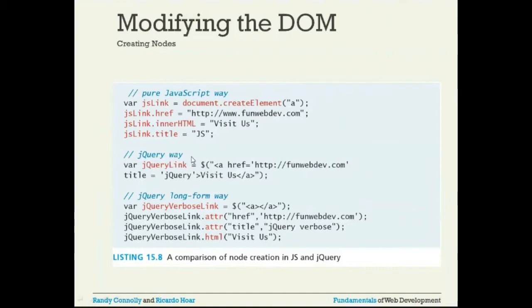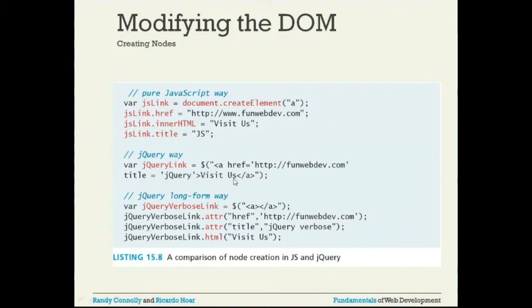And in jQuery, how to do that? A simple way to do that in jQuery is variable jQuery link is equal to, excuse me, a dollar, and inside the brackets, inside the double quotes, I have the A tag, href is equal to the website, then title is equal to the value, and closing of this A opening tag.